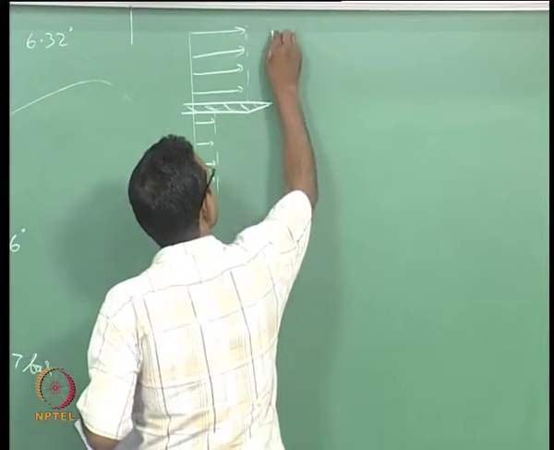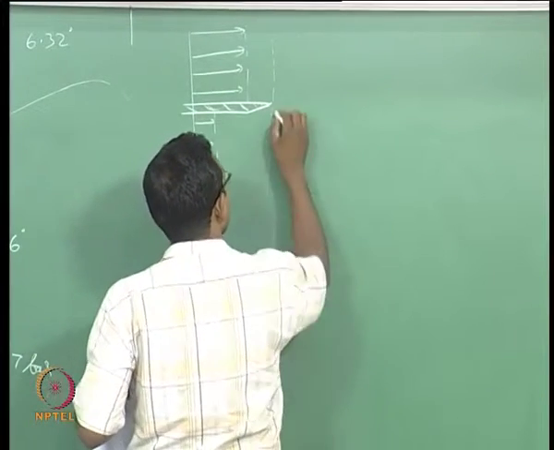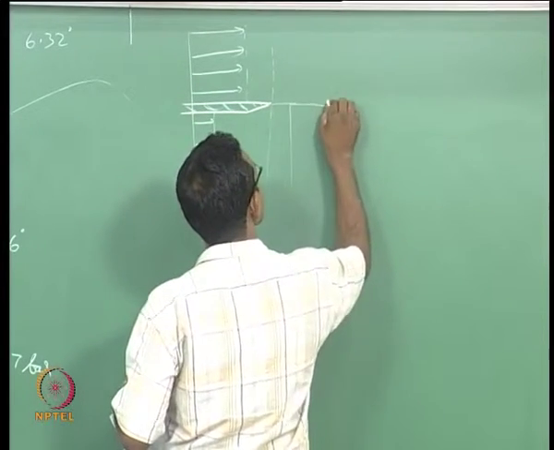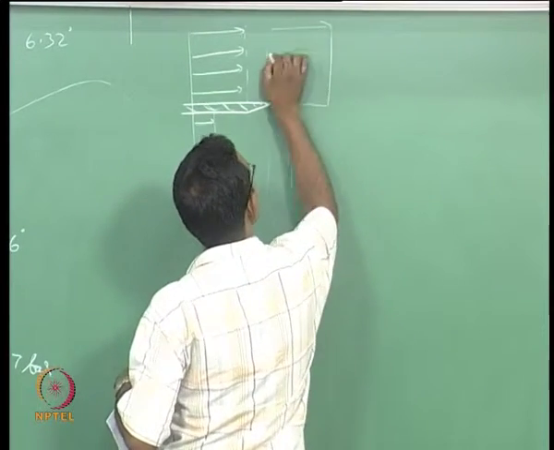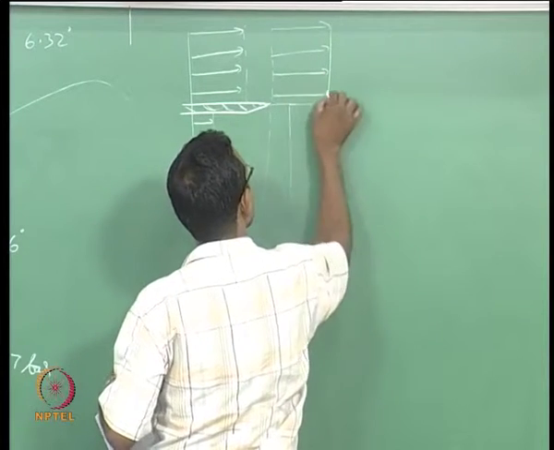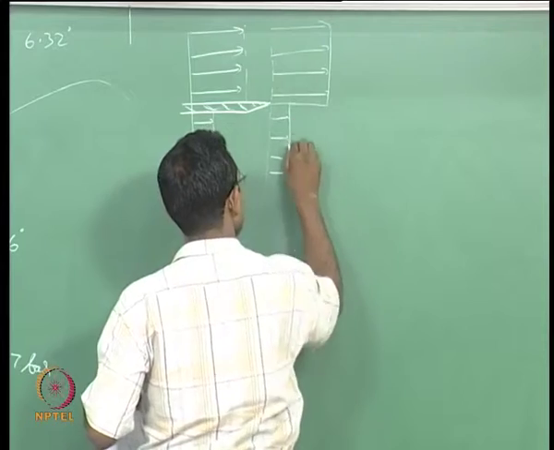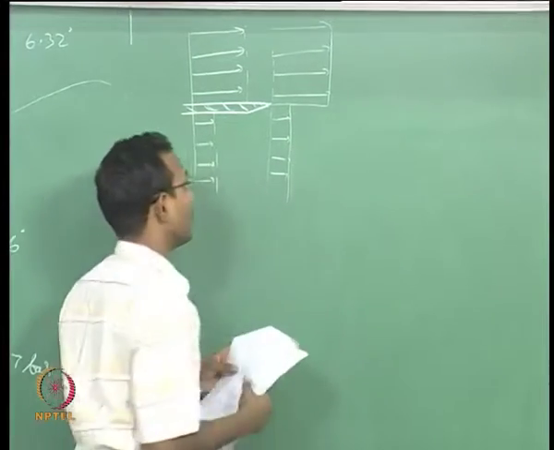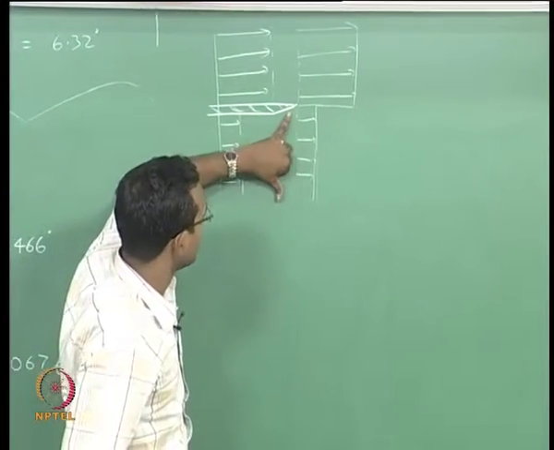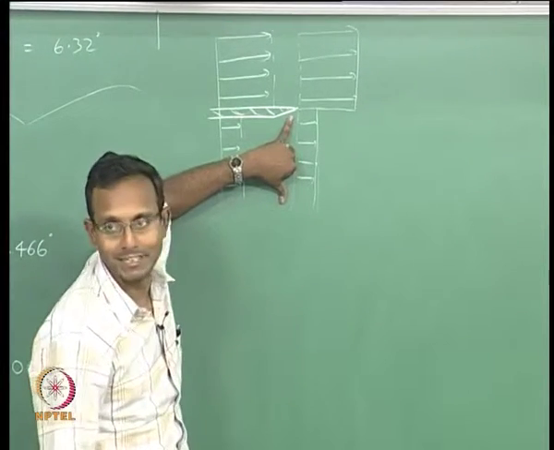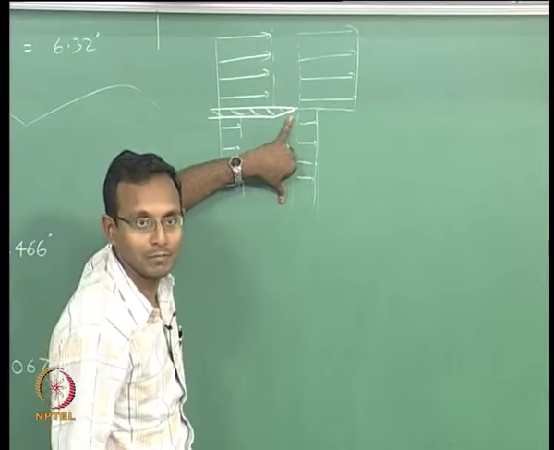When it comes out at this point, I am going to still have the same velocity profile. If I think about vorticity in this region, there is no vorticity at all, because all the velocities are exactly the same, del cross V will become 0.